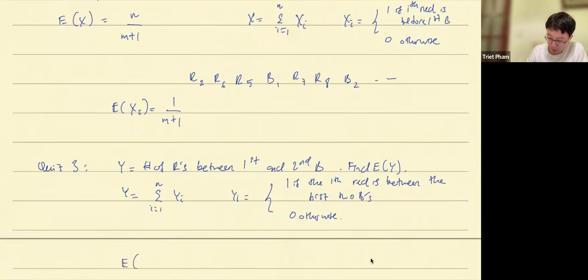Now, what is the expectation of a Yi like this?